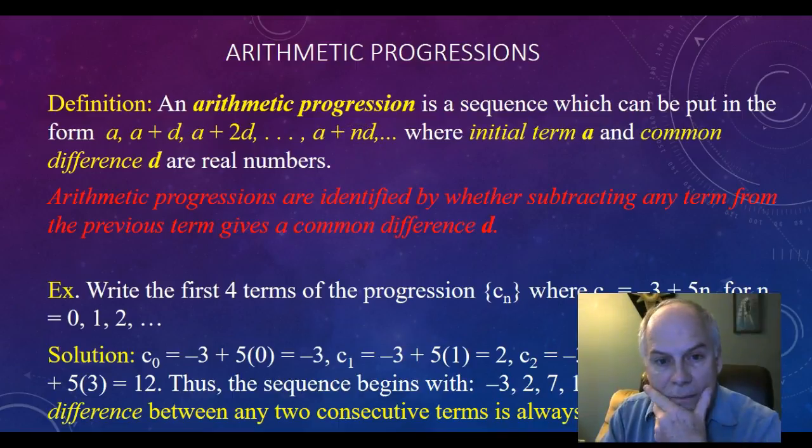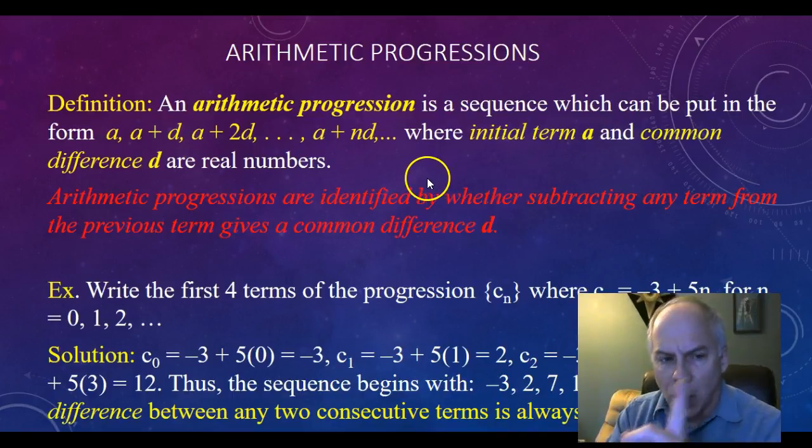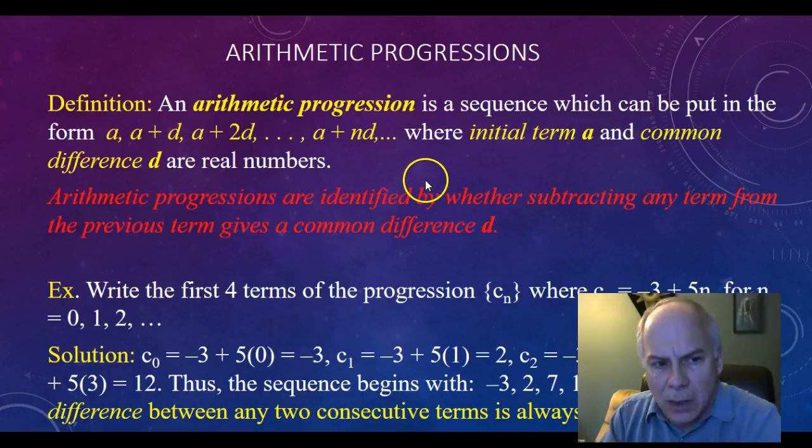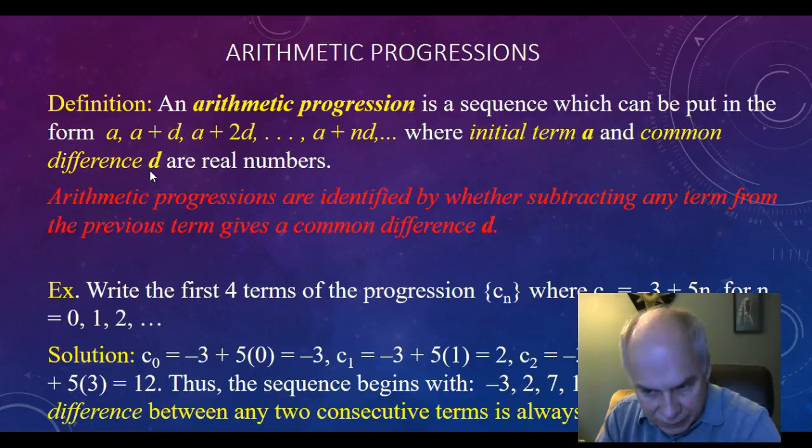Actually, we're going to start with n being 0 here, not 1, but anyway. The initial term is a, as you see in the sequence, and the common difference this time, not the common ratio, is d.